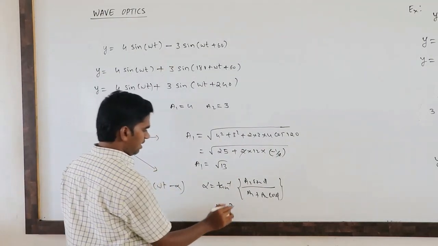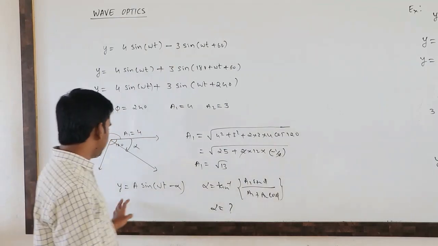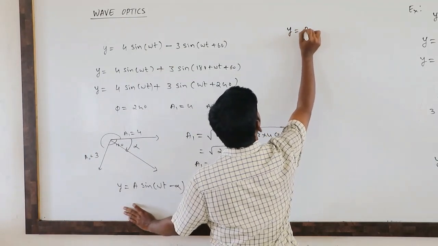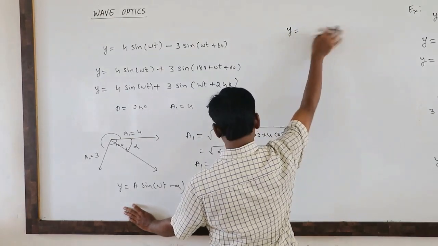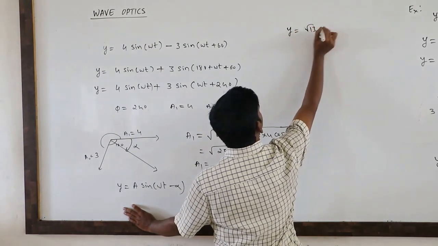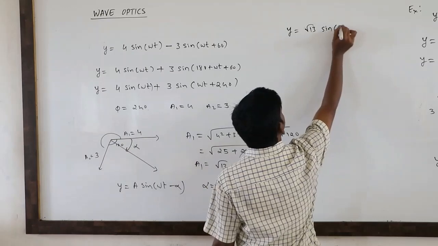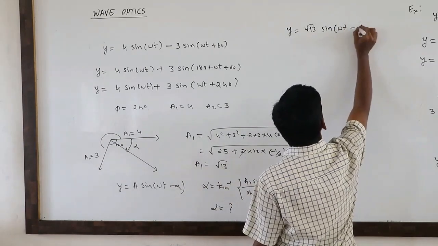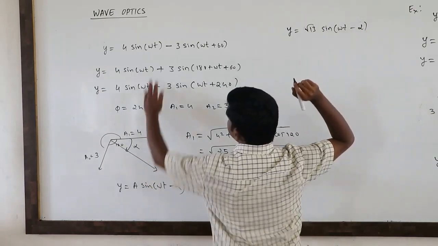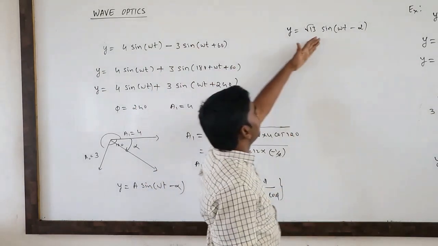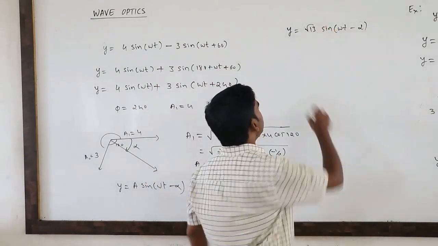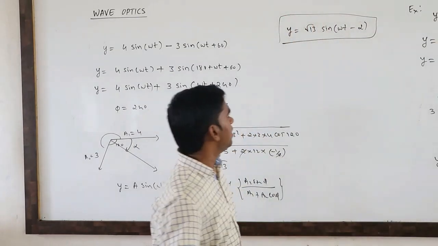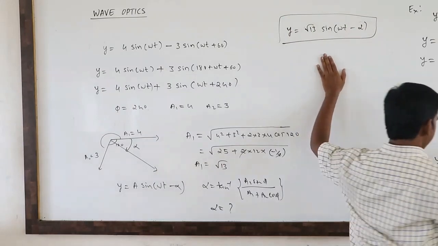Now the standard equation is going to be y equals A, which is already root 13, sin omega t minus alpha. Minus alpha you have to take. If it is something like omega t plus 30, then omega t plus 30 minus alpha. So calculate alpha and substitute the values, and you will get the final equation.